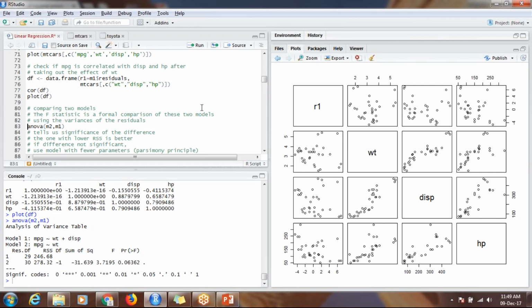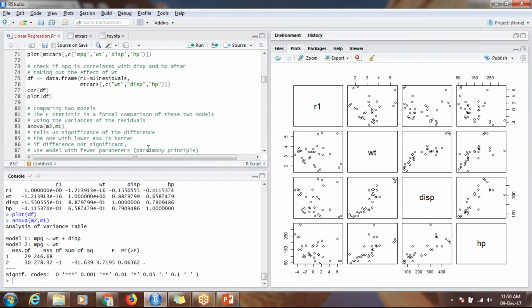The one with the lower sum of squares is the better one, and if there is not much difference between the two, then choose the one with fewer parameters. This is called the parsimony principle.